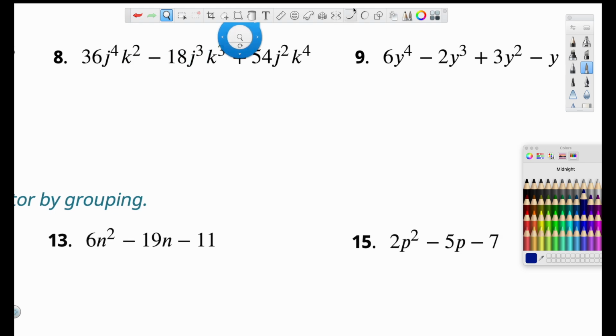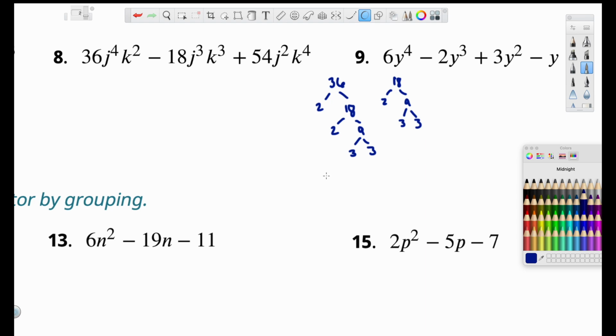One way we can do this is by making factor trees. So 2, 2, 3, 3. That was the 36. 18 is 2, 9, 3, 3, and 54 is 2, 27, 3, 9, 3, 3. Okay, so I got a 2.